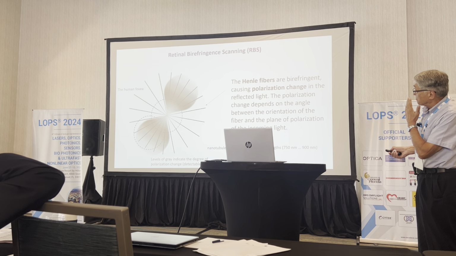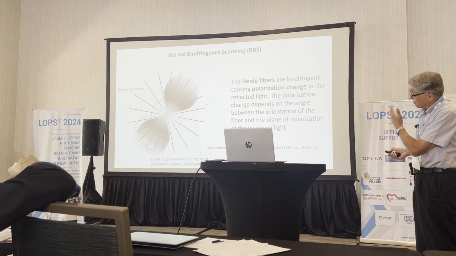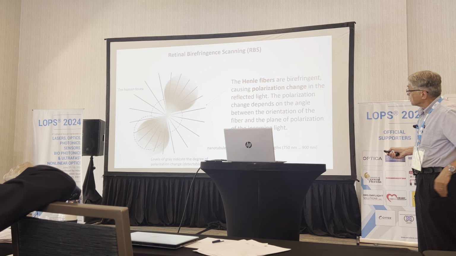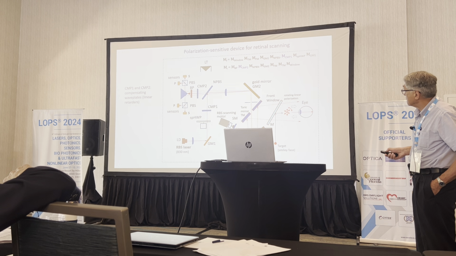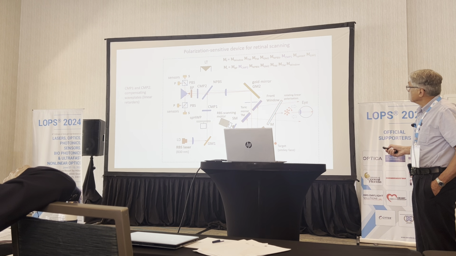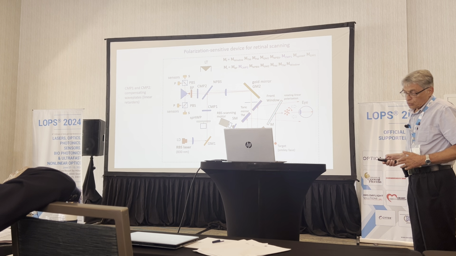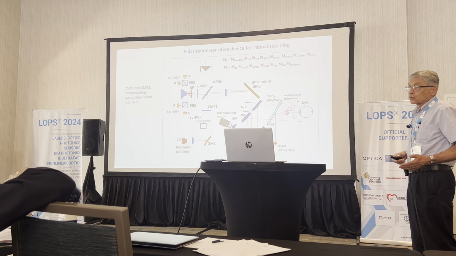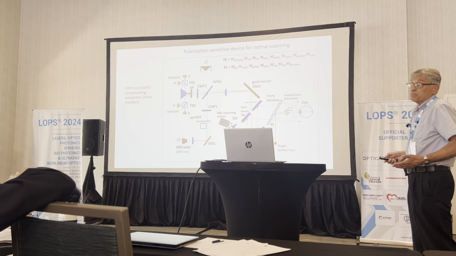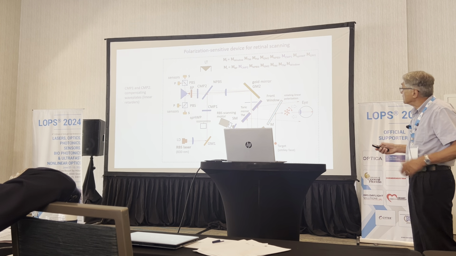By the fringes, the change of polarization state upon reflection depends on the orientation of the nerve fibers in the vicinity of the center of the retina, and that gives us the ability to localize the center of the fovea, and we use that either for eye tracking or, more importantly, for detecting the direction of gaze in eye alignment.